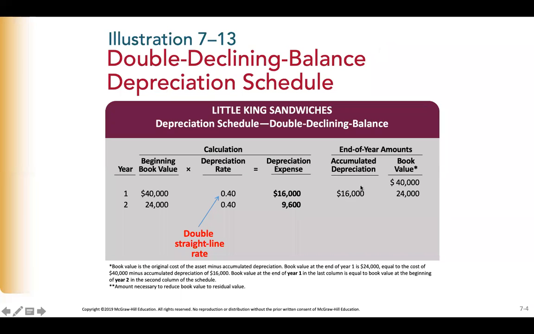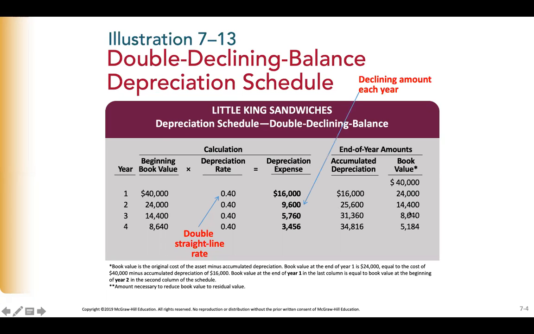Our accumulated depreciation will be our previous accumulated depreciation plus this year's depreciation expense, or $25,600. Our book value is now $14,400, our original cost minus our accumulated depreciation. Pull the $14,400 down as your beginning book value for year 3. Take 40% of the beginning book value.